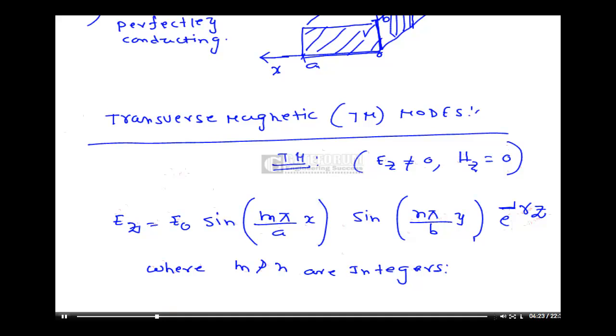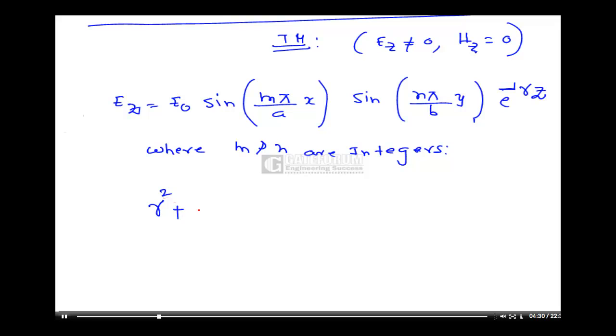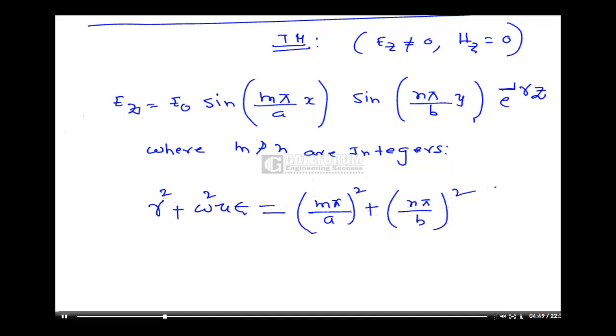The relation for gamma is given by gamma square plus omega square mu epsilon is equal to (m pi by a) whole square plus (n pi by b) whole square. Whatever equations we are mentioning here, you have to keep in mind, because these are the only important equations. Here m and n are integers.